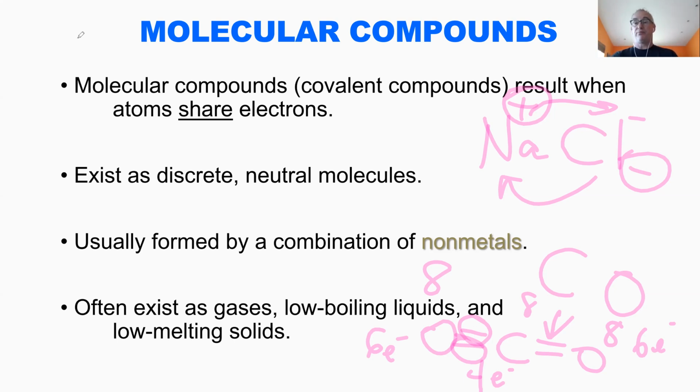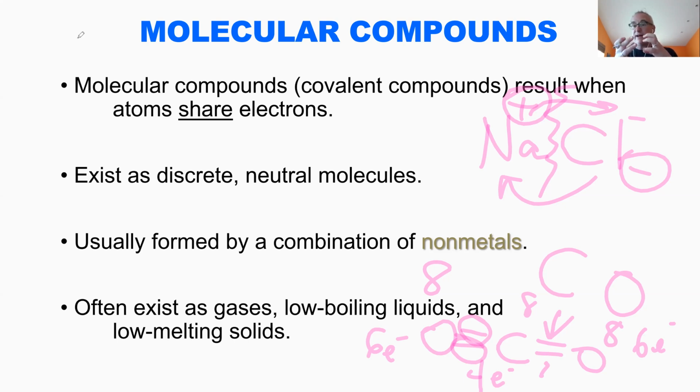And because there's no charge, as we saw with sodium chloride, it takes a lot of energy to break this bond, to pull these things apart. Now, with covalent or molecular compounds, you don't break these things apart by just heating them. They're chemical bonds that you can't break simply by heating it up.